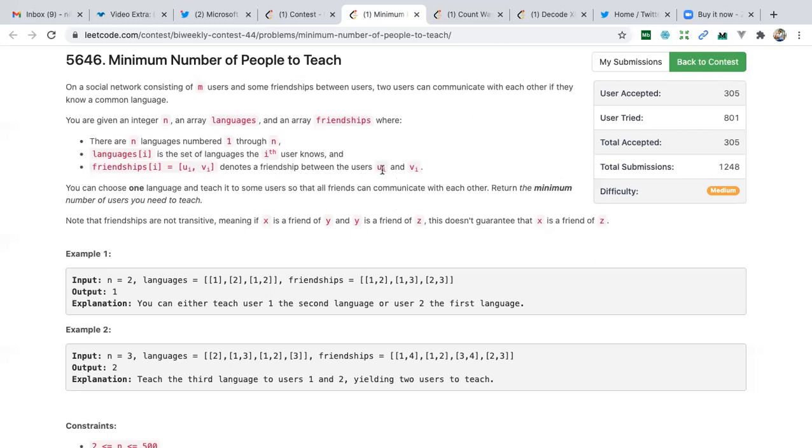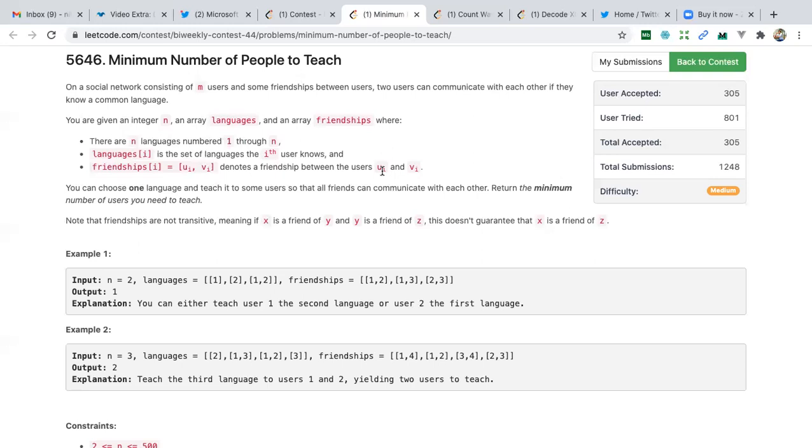So I think we have to use union, right? So if user 1 and user 2 know a common language, everyone can speak to each other if they are friends.